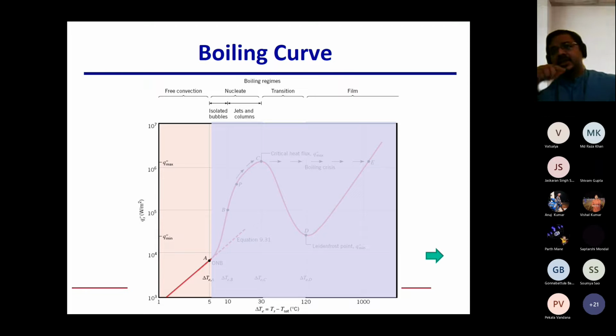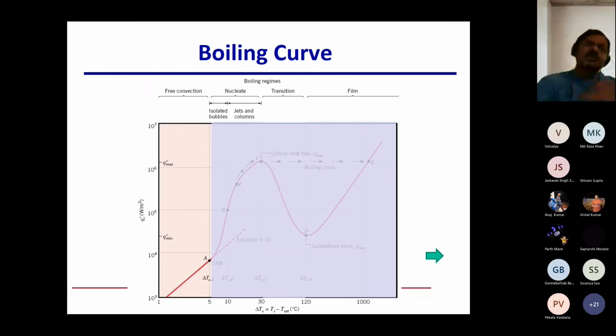What happens is natural convection. I've taken this plot from Incropera, so it says free convection. As you know, personally, I don't like that term, but it's okay. So you have natural convection.